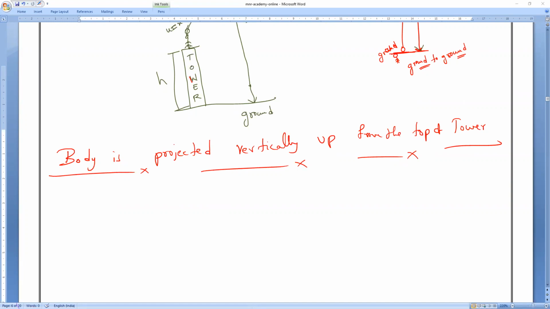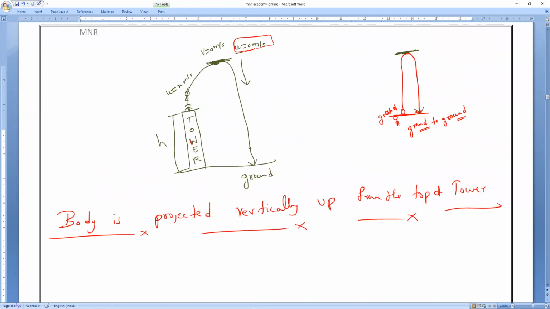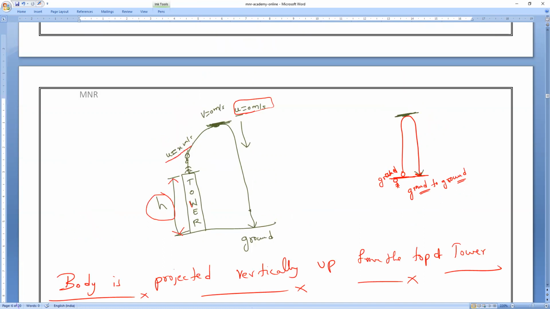Right. If the body is projected vertically up from the top of a tower of height H, what is the tower height? I assumed H. With velocity, what velocity have I thrown with?